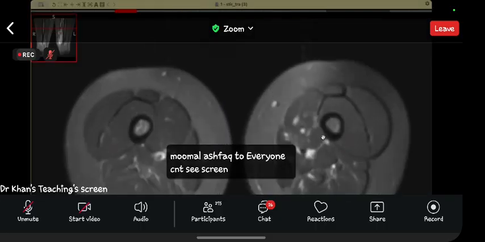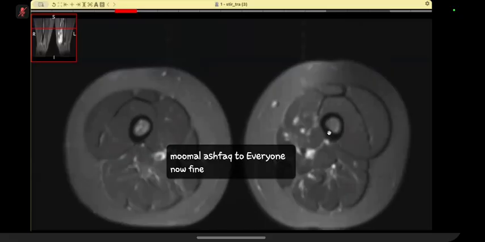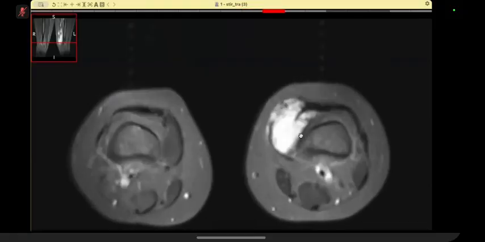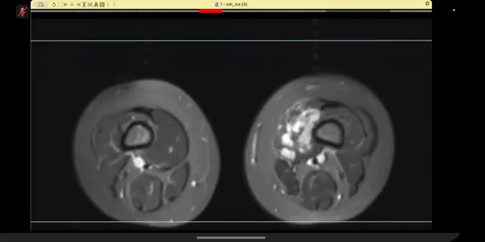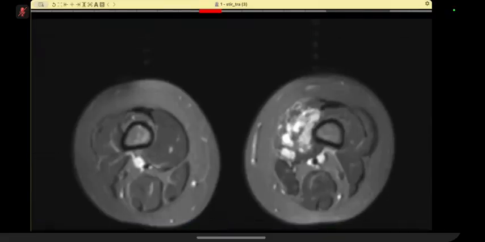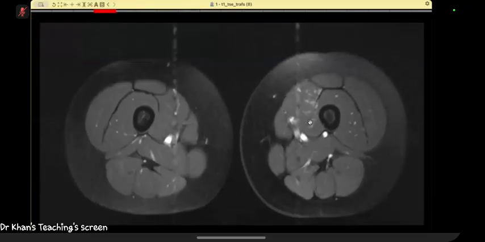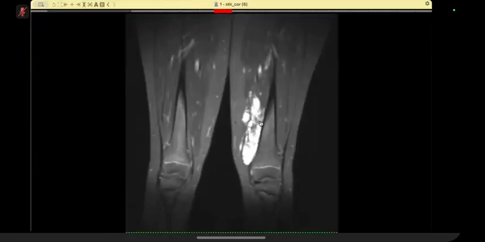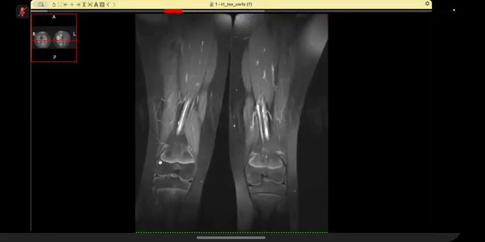So visible, this is the one which, if you look carefully, you can see that all of these are vessels. They are in the vastus medialis muscle, and of course, I could have shown you more, but because you gave me the differential of a sarcoma, now this is a post contrast where you can see these vessels, and of course I can show you a coronal, this one, and this is a post contrast.